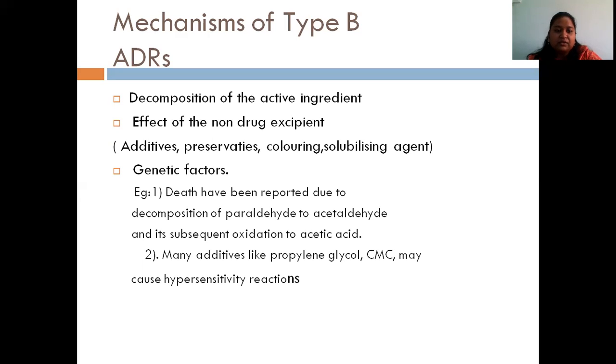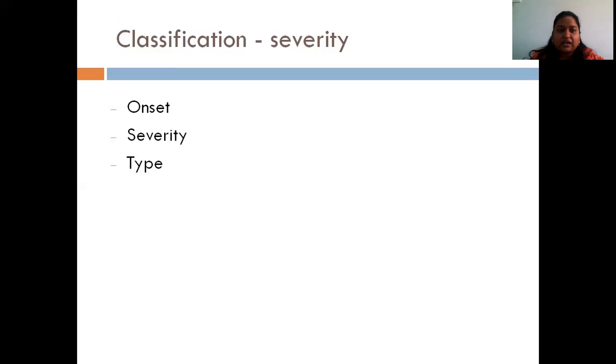Many additives, like propylene glycol and CMC, may also cause hypersensitivity reactions. So these are the pharmaceutical causes of the mechanism behind type B ADRs. These are the bizarre ADRs I have told you about already.